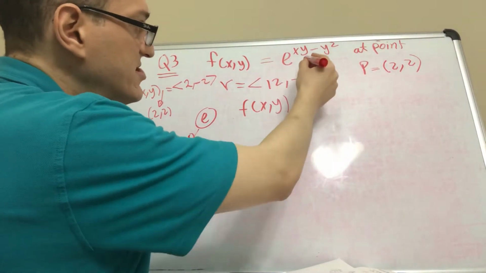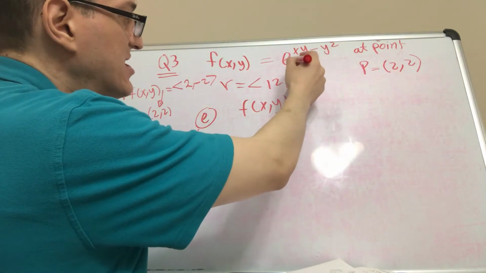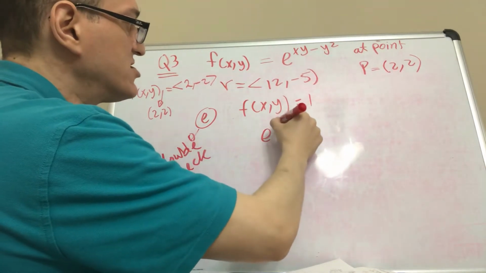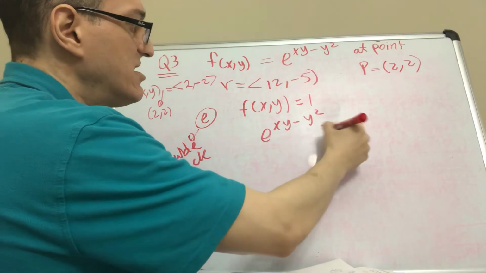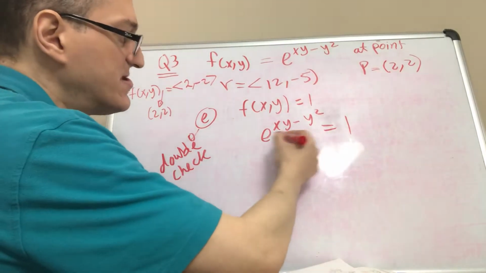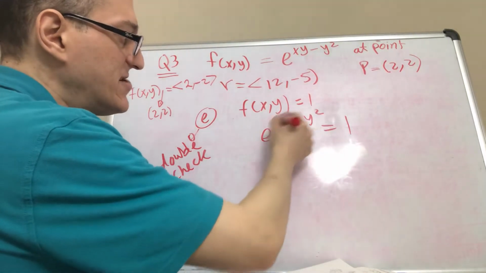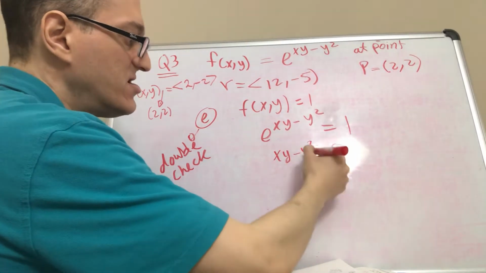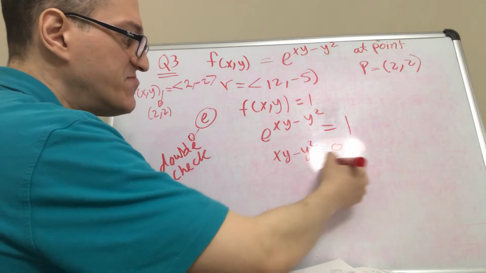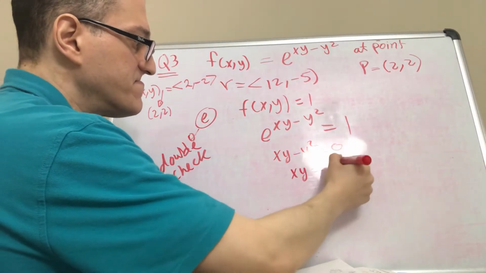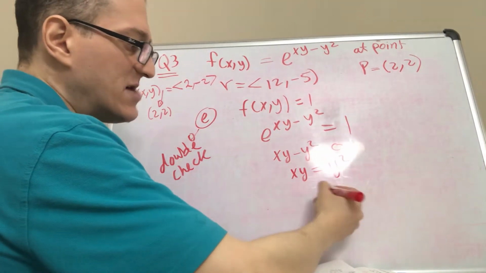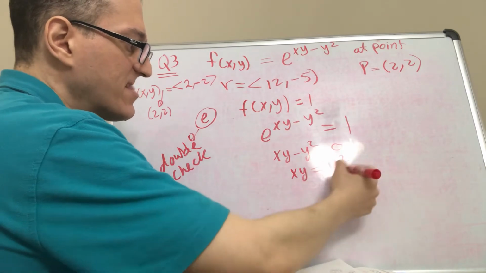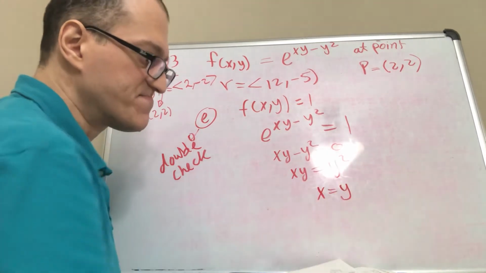So what I think you're supposed to do is take the actual function and make it 1. This can only be 1 if the exponent is 0. So if you bring y over, and then you cancel y from both sides, then x equals y.